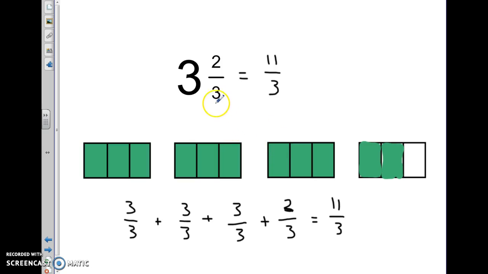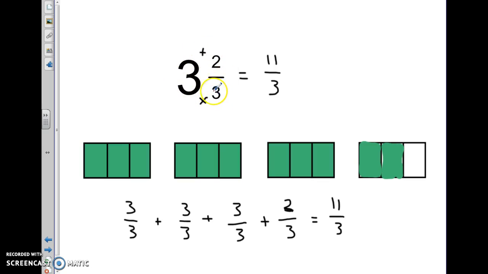Yet another way to do it, and this is kind of a neat fast trick, is I can take this denominator here, 3, multiply it by the whole number, this 3 here, and then add the numerator, the 2 here. The reason why this works, because I say it's a trick, but really it's because of the relationship of these numbers.